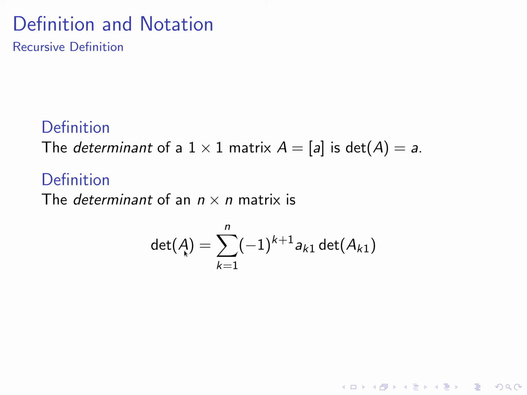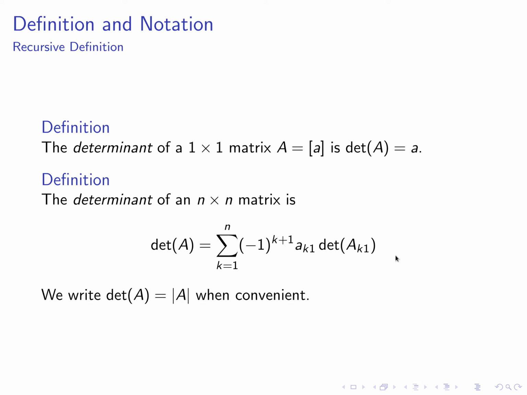So if the matrix we're taking a determinant of is a 4x4, well, according to the definition, we should end up with 4 terms, and each one of these 4 terms uses the formula for the determinant of a 3x3. So for a 4x4, this determinant is a 3x3, and each one of those determinants is used to build the determinant of a 4x4. So there isn't any circular logic here.